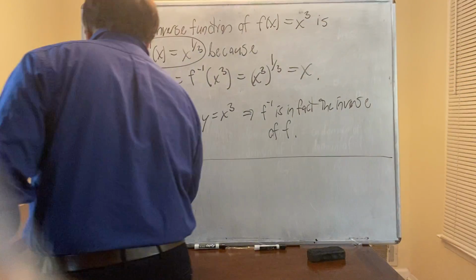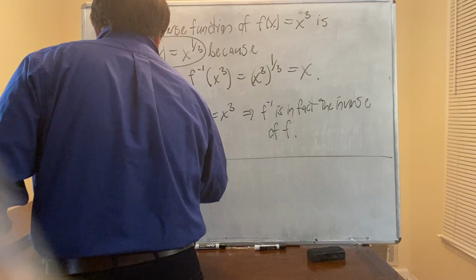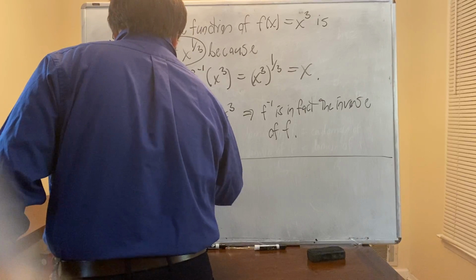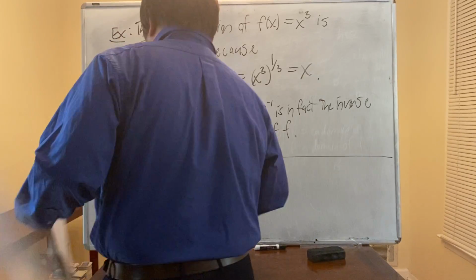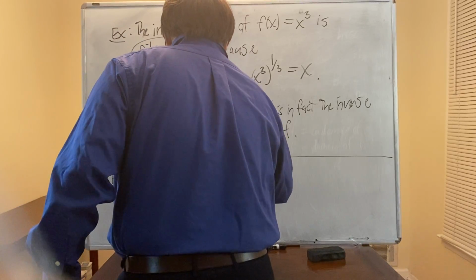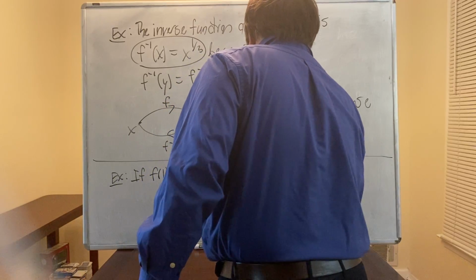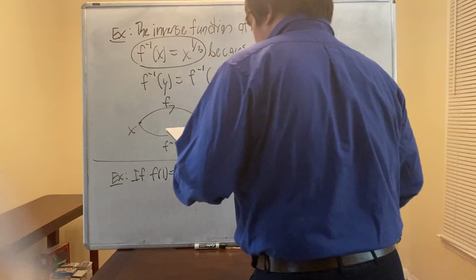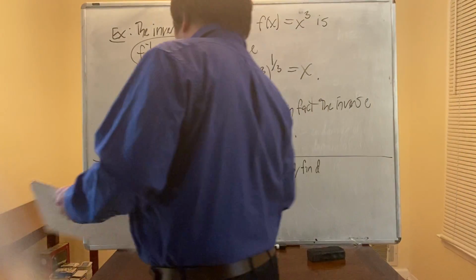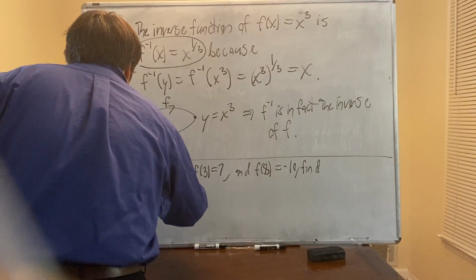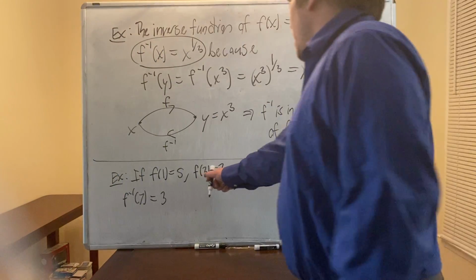Okay, another example. If f of 1 is equal to 5, f of 3 is equal to 7, and f of 8 is equal to -10, find f inverse of 7. Well, f inverse of 7 is 3, because f of 3 is 7.